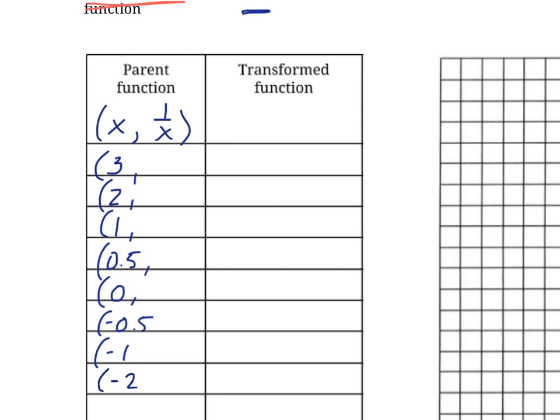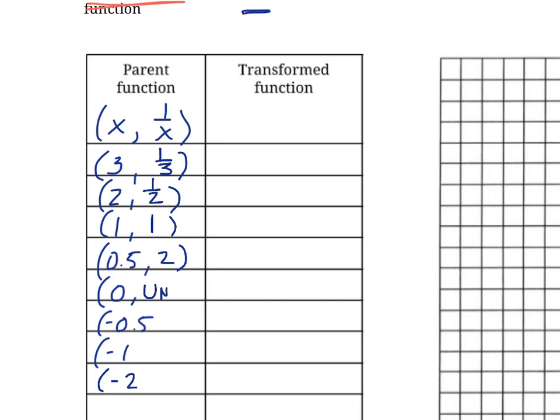So finding what the y coordinates are for those, 1 over x, if it's 3, is just going to be 1 over 3. I'll leave it as a fraction. It's easy to plot that if it's a fraction. This will be 1 over 2. This will just be 1, right? 1 over 1 is just 1. 1 over 0.5 is going to give us 2. 1 over 0 is undefined, right?